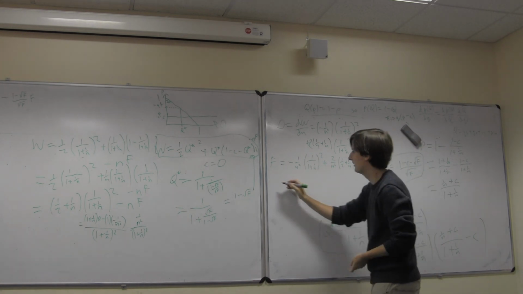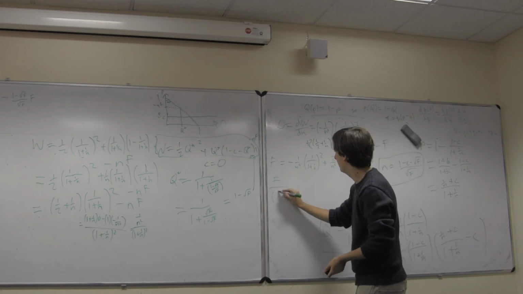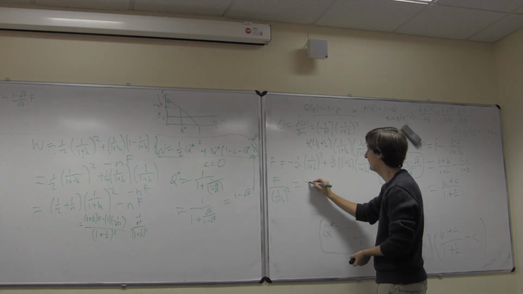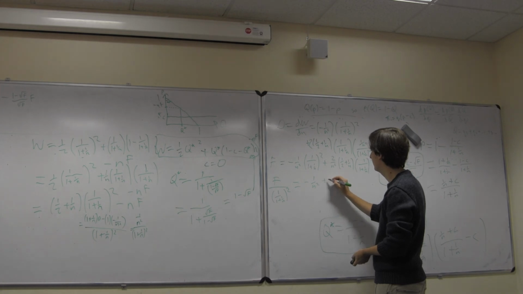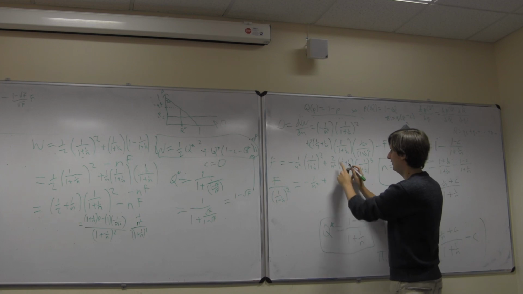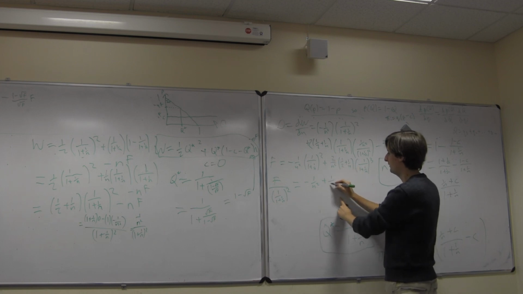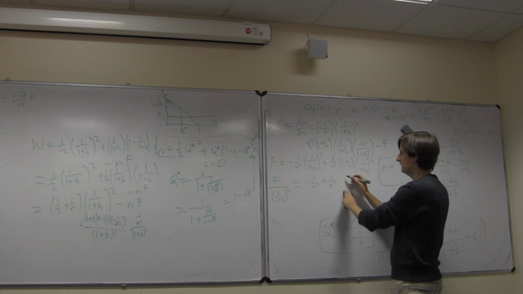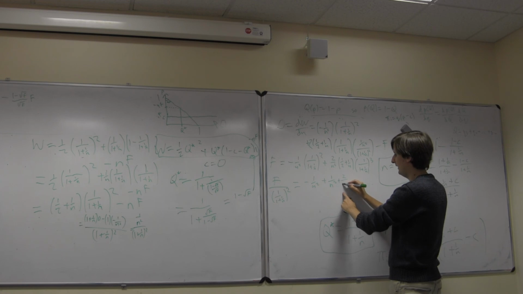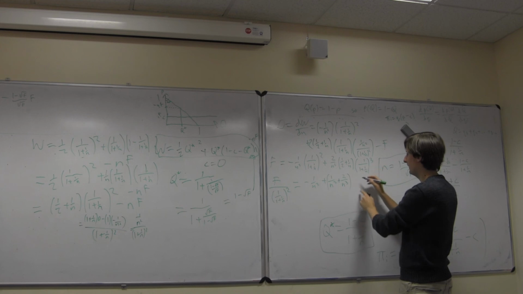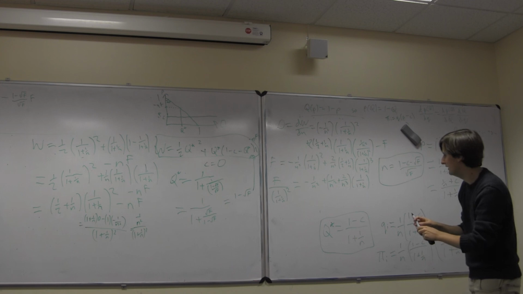Okay, so f divided by 1 over 1 plus 1 over n all squared is equal to minus 1 over n squared plus, and we're going to multiply out all these brackets now, so 2 over n squared times a half is just 1 over n squared. 2 over n squared times 1 over n is 2 over n cubed. Okay, and then this is all times what we had left, which was 1 over 1 plus 1 over n.